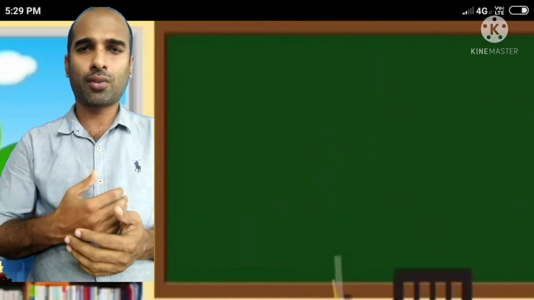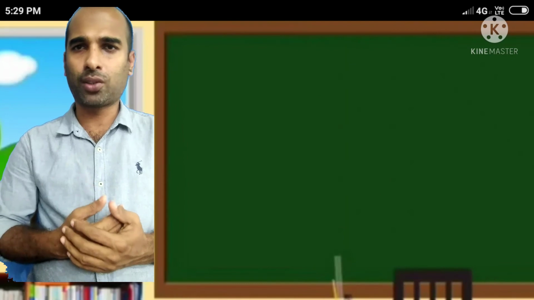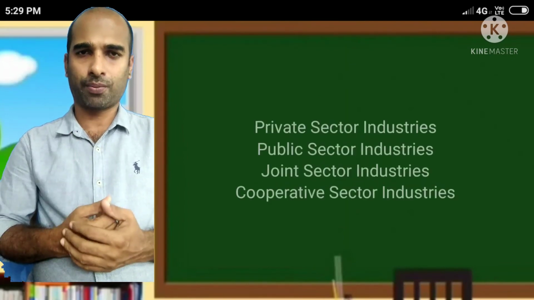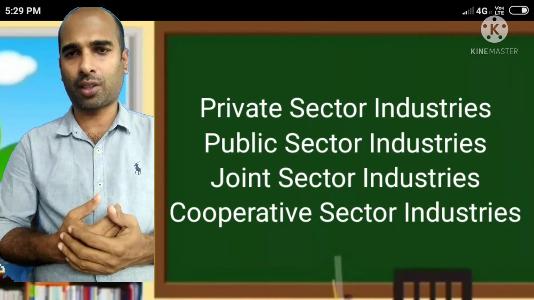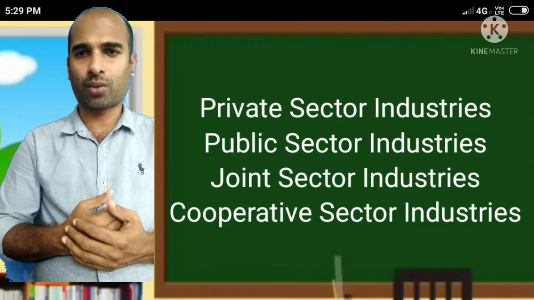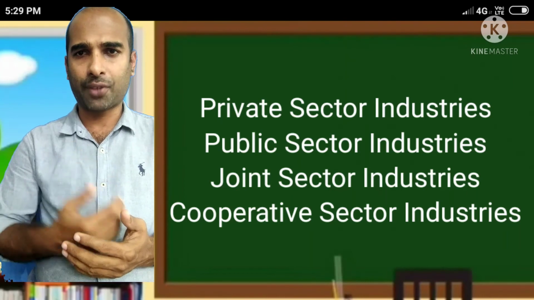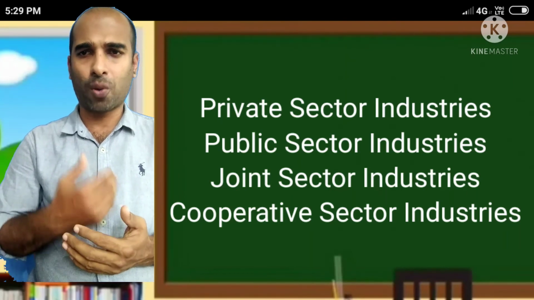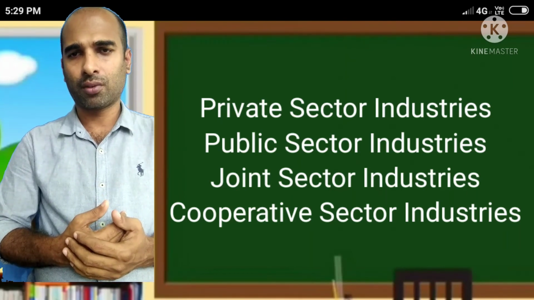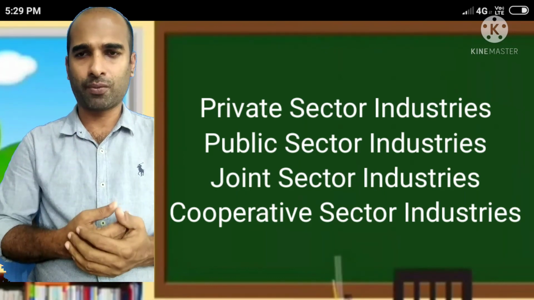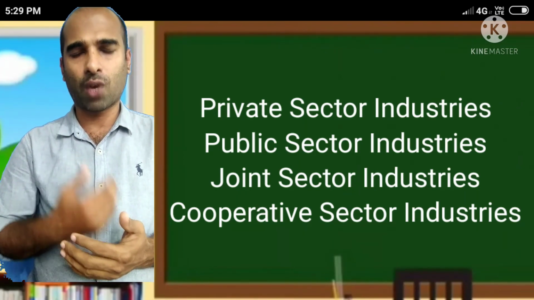Then we classified the industries on the basis of ownership. They are private sector industry, public sector industry, joint sector industry, and cooperative sector industry. What is the private sector industry? It is owned and operated by individuals. The public sector industry is owned and operated by the government.